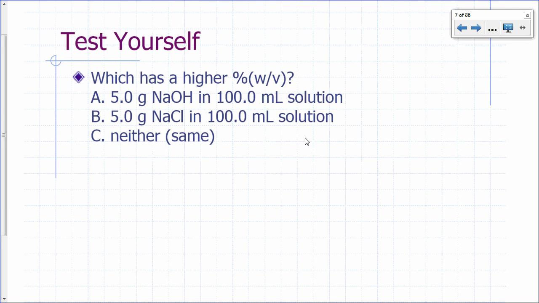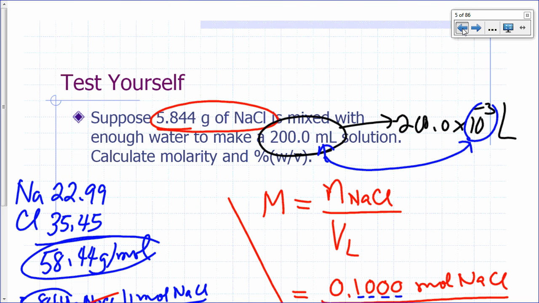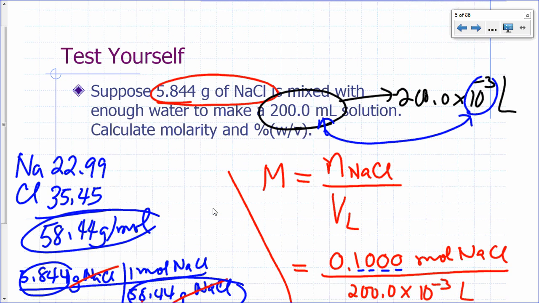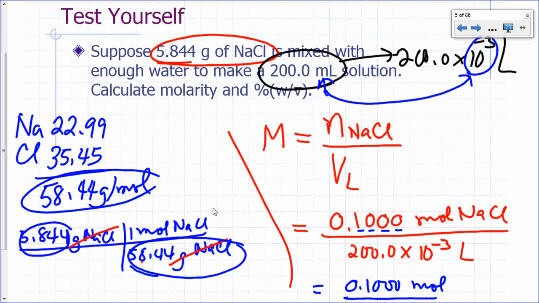Oops, I'm sorry, I forgot percent weight by volume in an earlier problem. You're supposed to calculate molarity and percent weight by volume. So let's do percent weight by volume here.